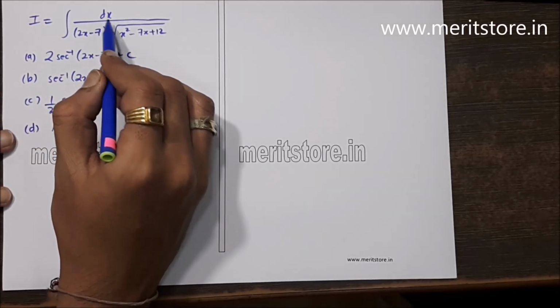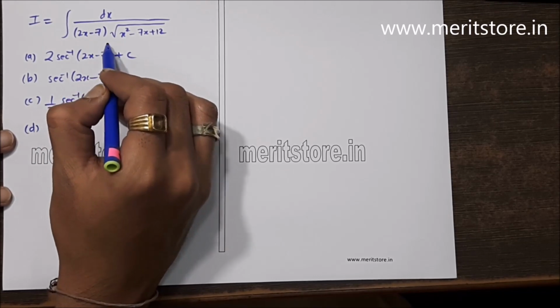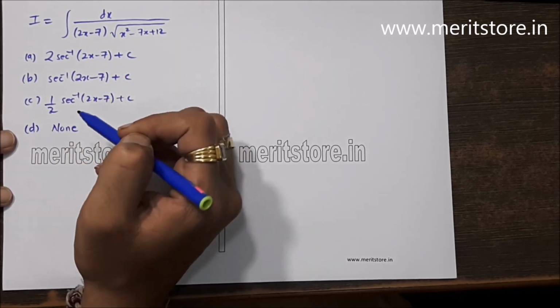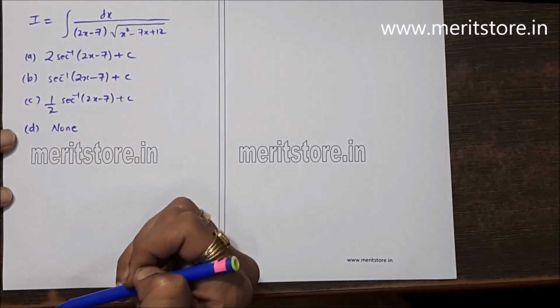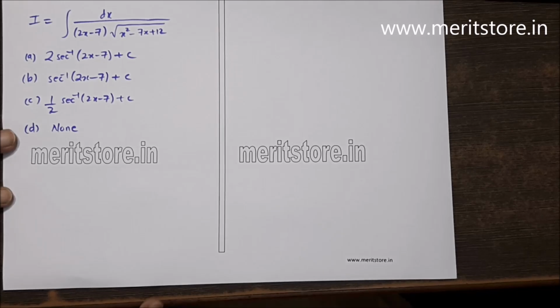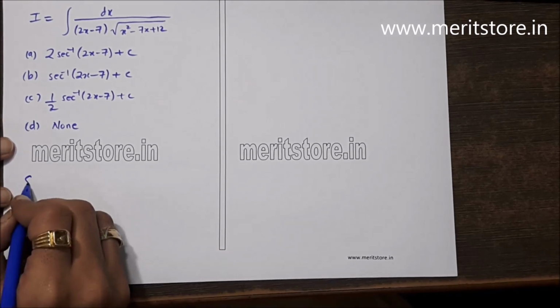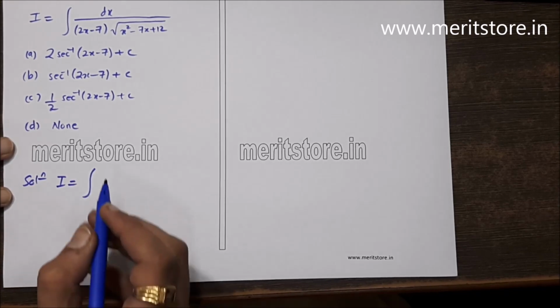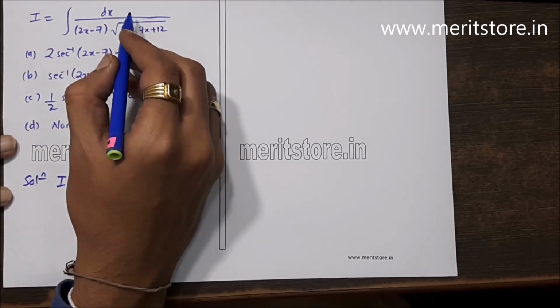Integral of dx upon 2x minus 7 root of x square minus 7x plus 12. My options all have sec inverse with the term of 2x minus 7. Solution. What we are going to do in this sum is I'm multiplying and dividing by 2.